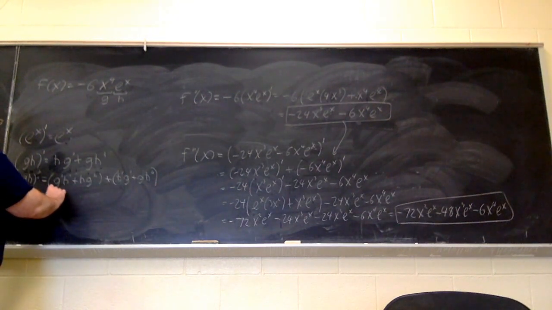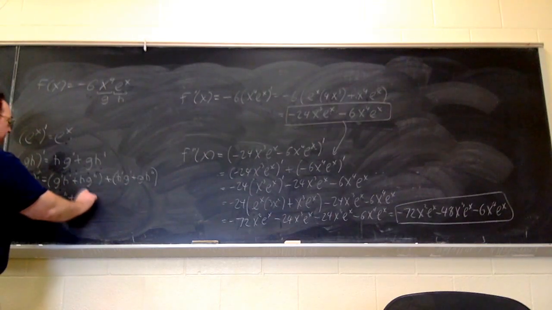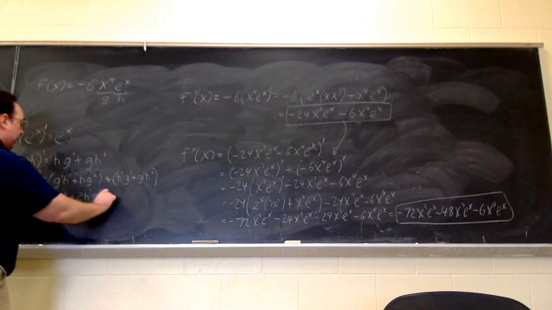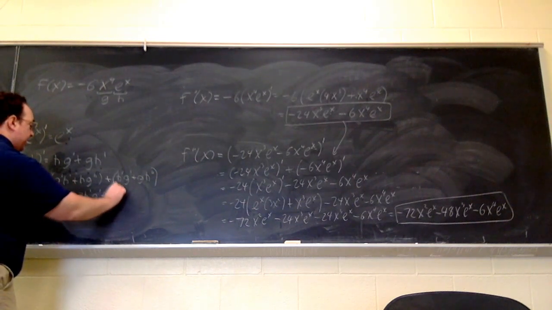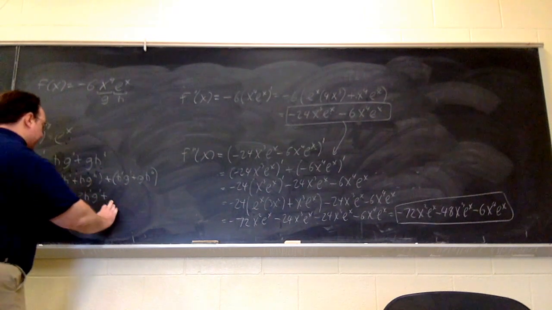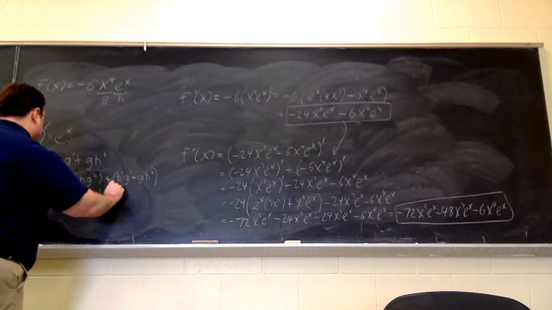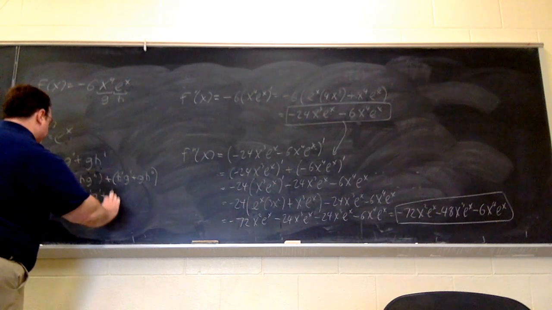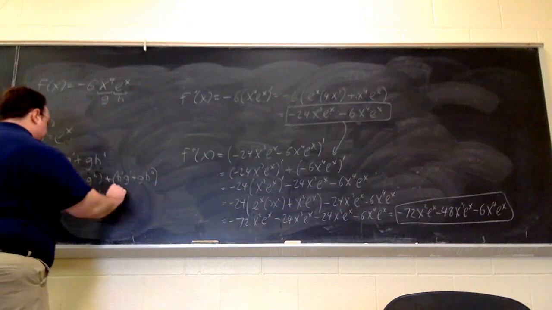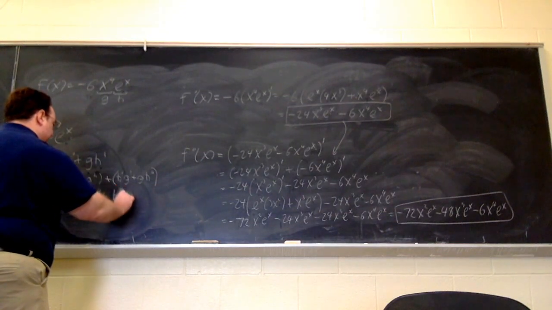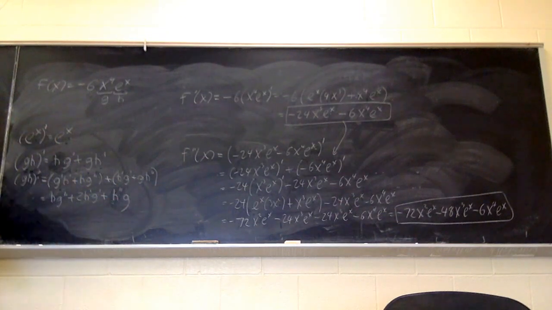So I have h g double prime plus 2 h prime g prime plus g h double prime. So this is the product rule to compute the second derivative of a function that's a product.